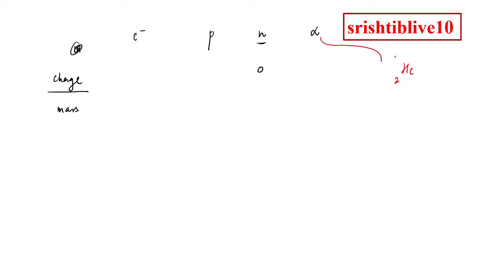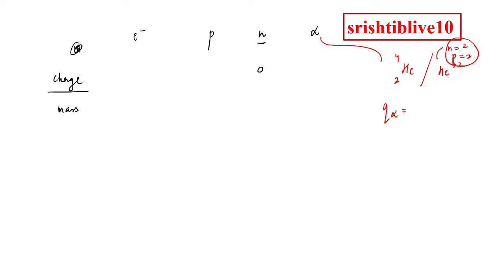Helium-4, or I can say a helium nucleus. What is the charge of an alpha particle? In helium we have 2 neutrons and 2 protons. Neutrons are uncharged particles, so the charge of helium comes from the number of protons.